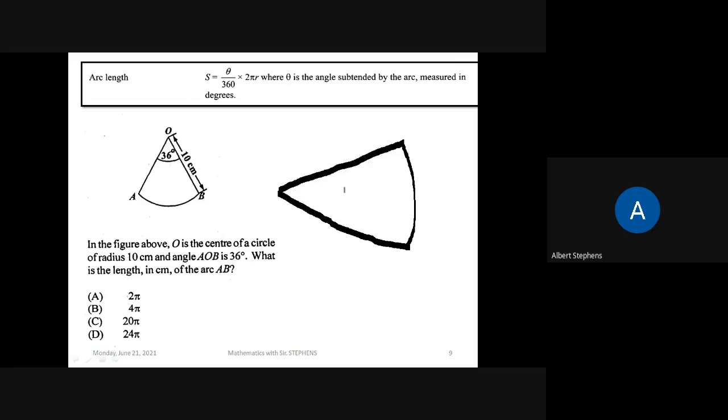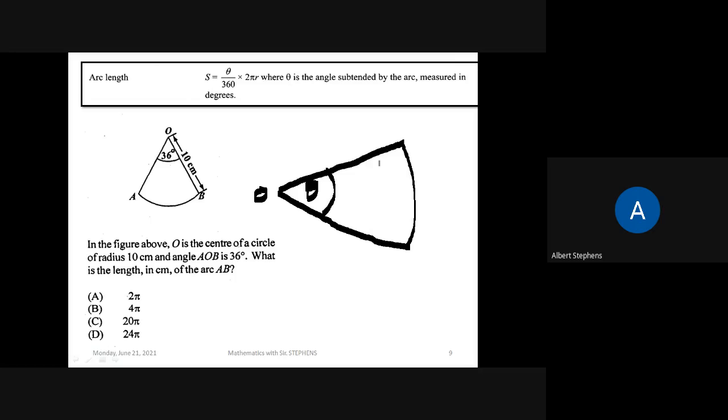All right, so a slice of pizza is called a sector. Now, this would have been the center, right? The angle between this slice and this slice, we call it theta, and theta runs from 0 to 360.